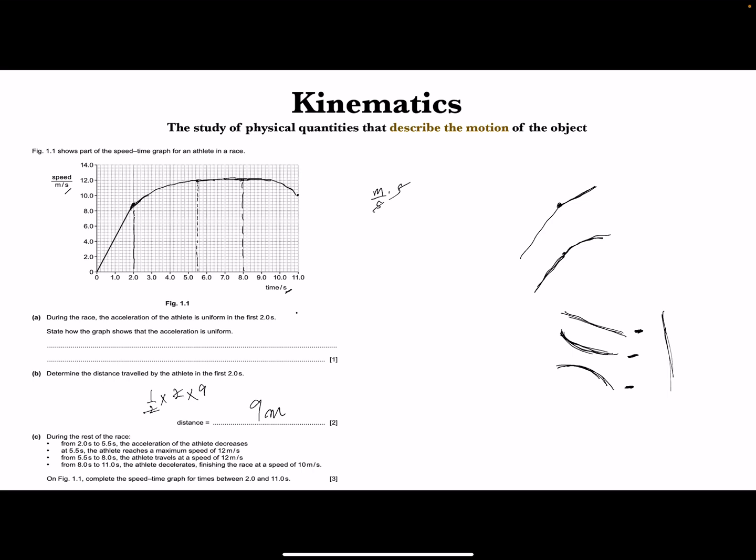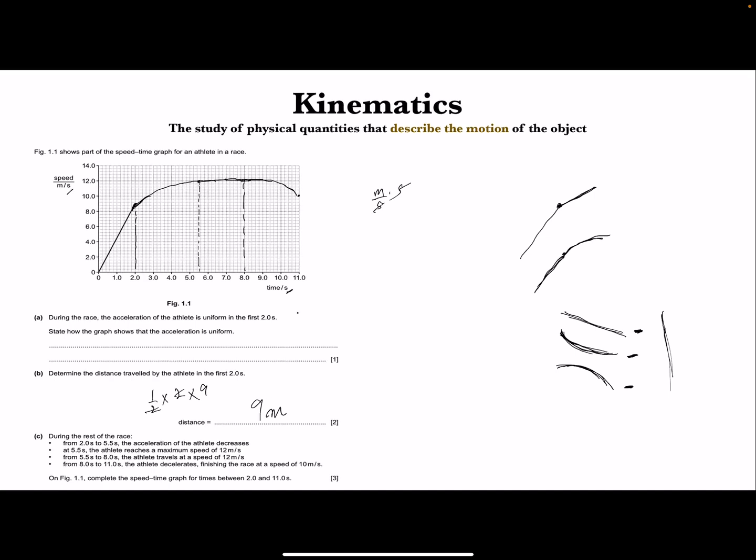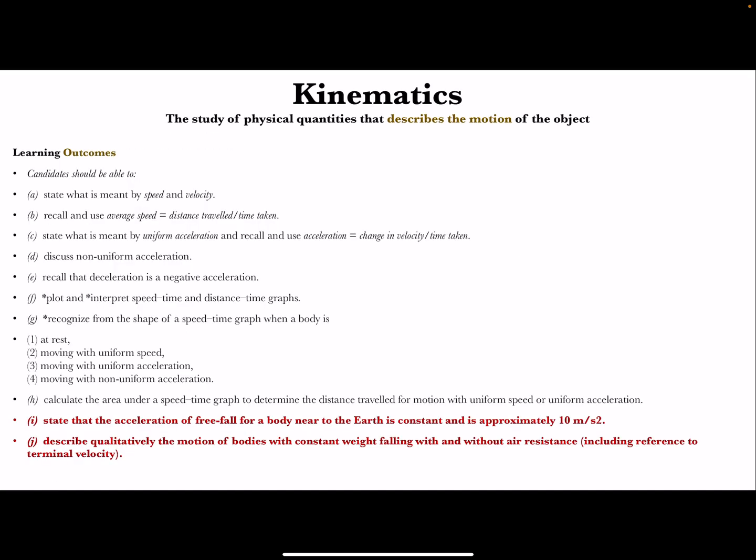All right. So with that, I believe we have concluded the chapter. The learning outcomes: state what is meant by speed and velocity. Check. Recall and use average speed. Check. What is uniform acceleration, and use acceleration equals change in velocity divided by time taken.